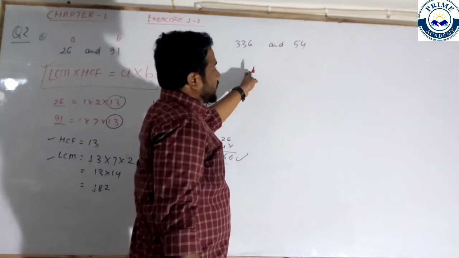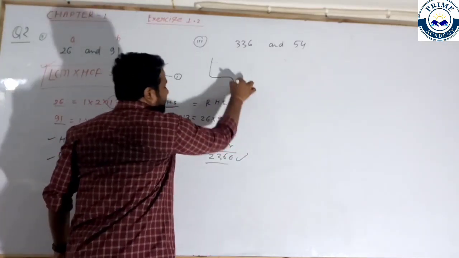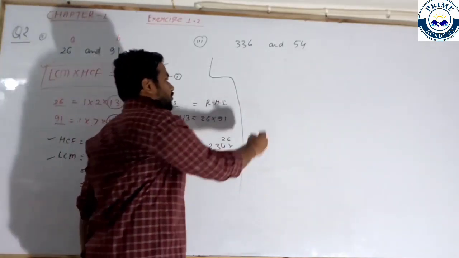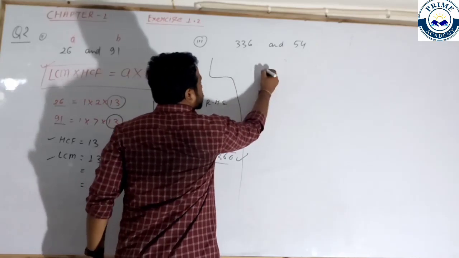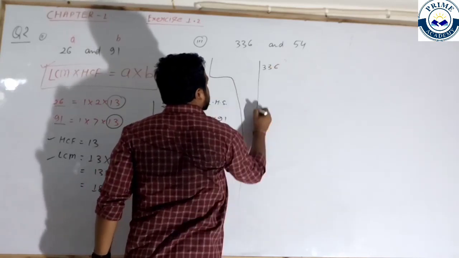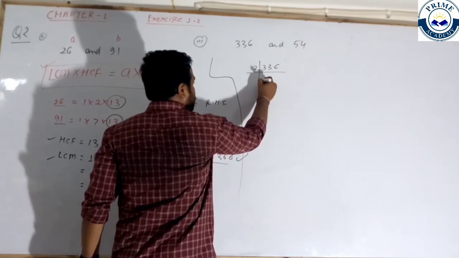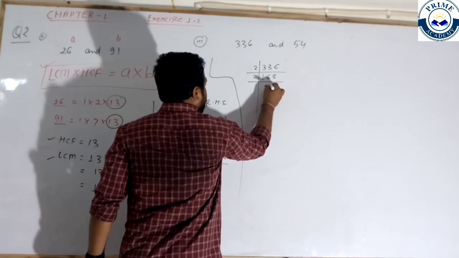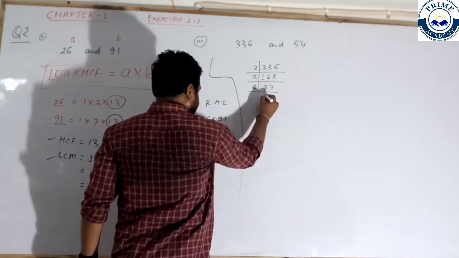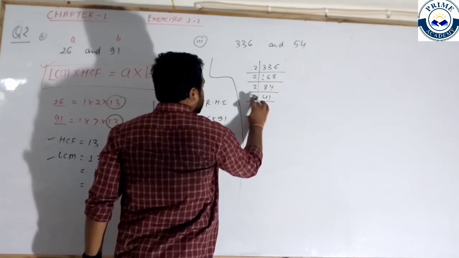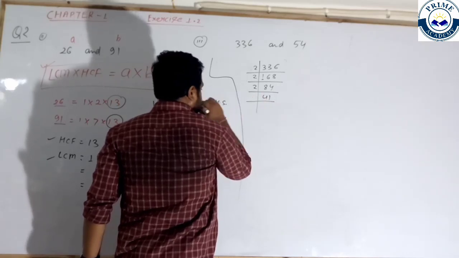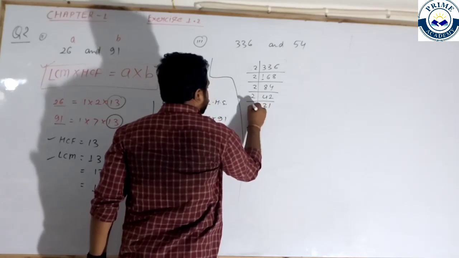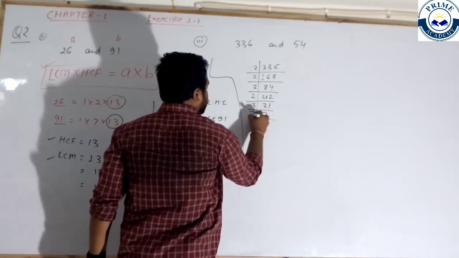Now let's take another number, that is 336 and 54. What will you do? I am solving this one. We just put 336 over here, start dividing, divide by 2 it will be 168, divide by 2 it will be 84, divide by 2 it will be 42, then 21, which is 3 and 7, remaining till 7 will be 1.